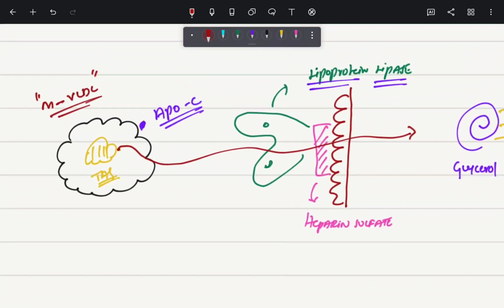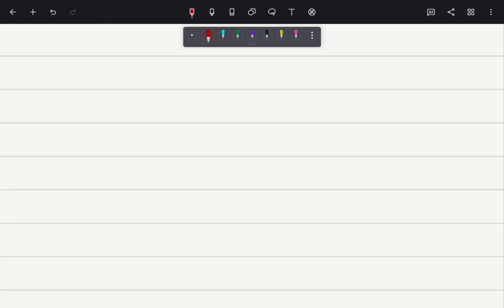Next we are going to see the next step in the metabolism of very low density lipoprotein. This was the mature form of very low density lipoprotein, and it had ApoB100. And what are the two apoproteins?